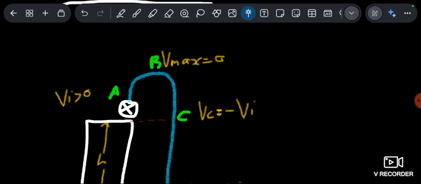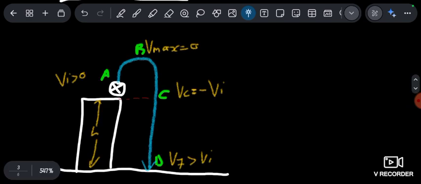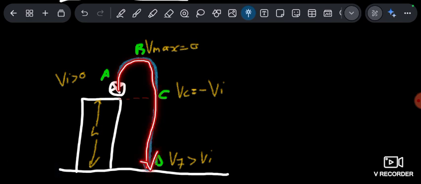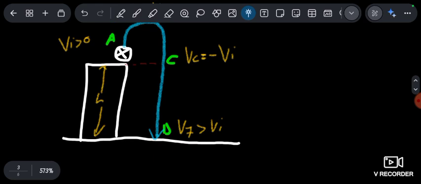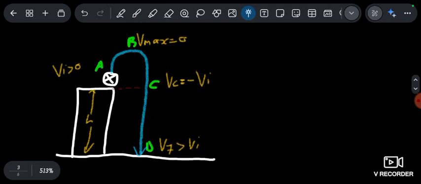It is projected, it is given an initial velocity. If the object is not caught, it will continue and reach the ground. The object will have a final velocity that is greater than the initial velocity. Why? Because it has gained more momentum.